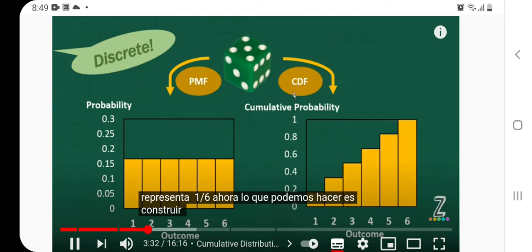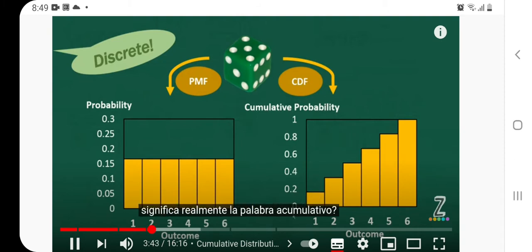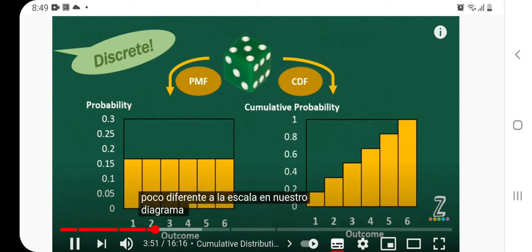Now what we can do is construct the cumulative probability, not just the probability, but the cumulative probability. But what does the word cumulative actually mean? Well, you can see that on this side we go from 0 to 1. So the scale is actually a little bit different to the scale on our original probability diagram over here.